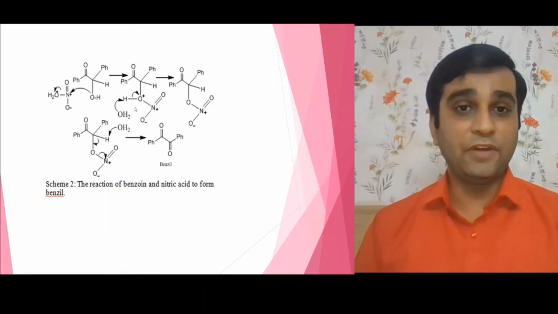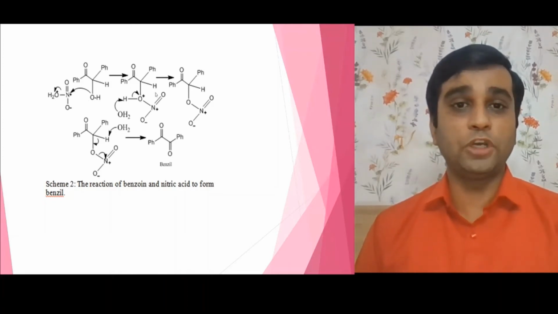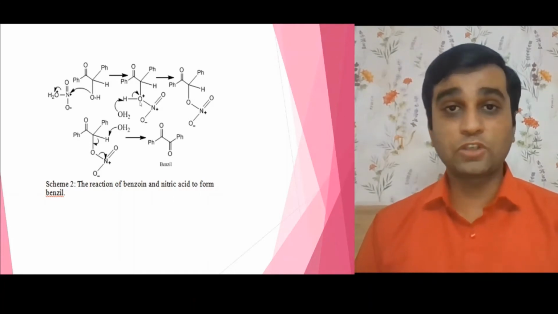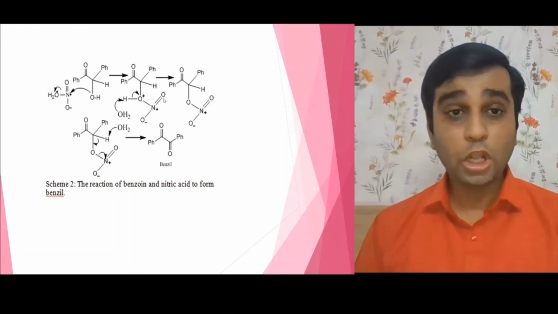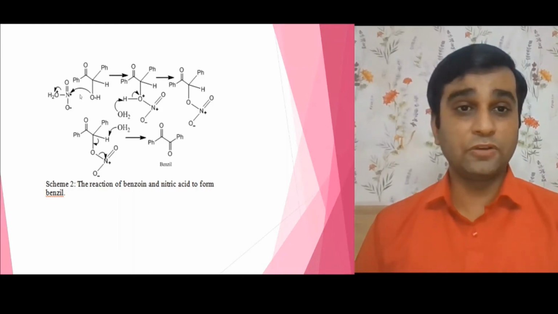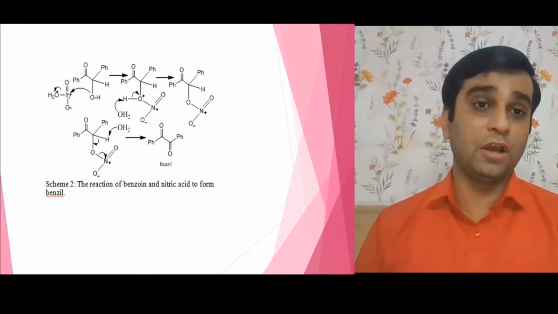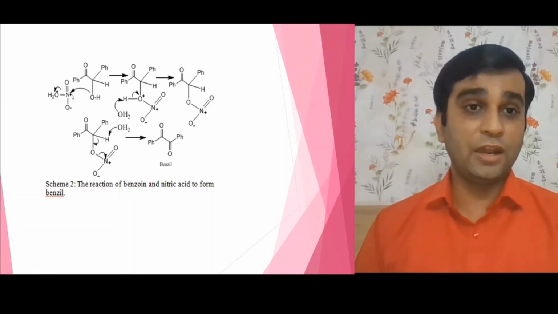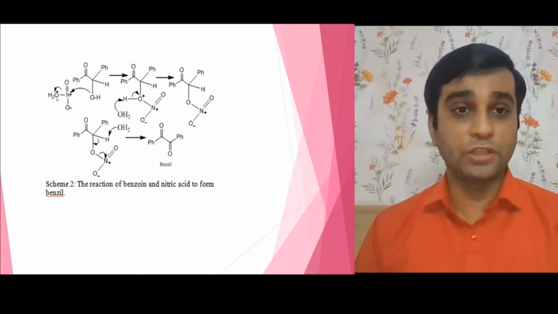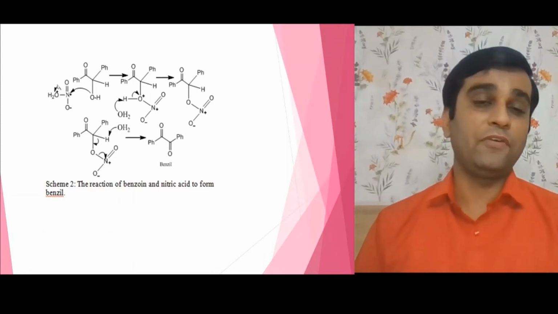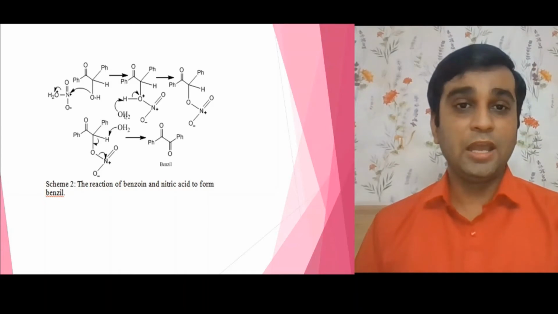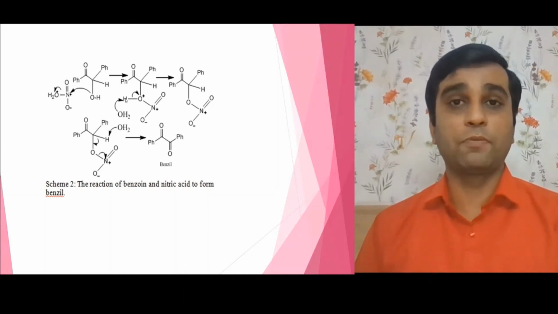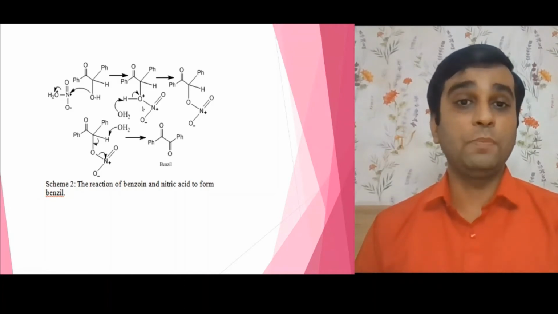This oxygen acquires a positive charge, because now oxygen has two valency, but it is attached with this particular group. Once this O attacks the nitrogen, the bond between oxygen and nitrogen is broken down, and it is given to the oxygen. So now a water molecule is there. It is always ready to accept the proton, so this water molecule is protonated.